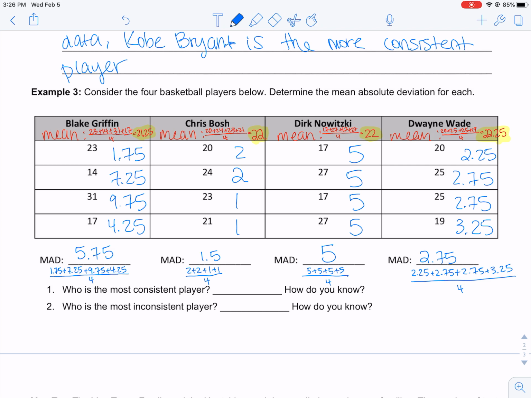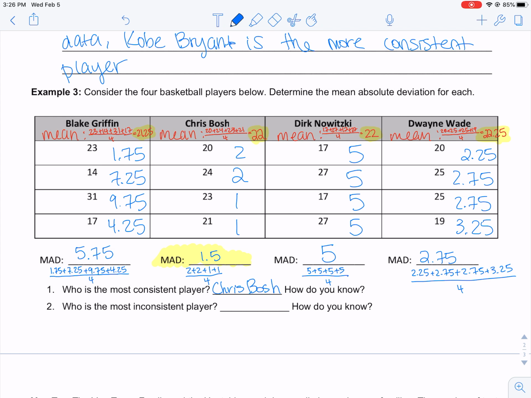Number 1, who is the most consistent player? Well, we know that the smallest number will always be the most consistent data point. So we know that Chris Bosh is going to be the most consistent because he has the lowest MAD. Number 2, who is the most inconsistent?